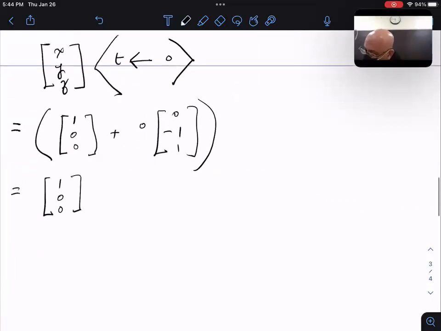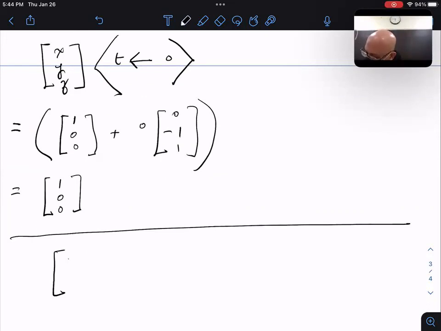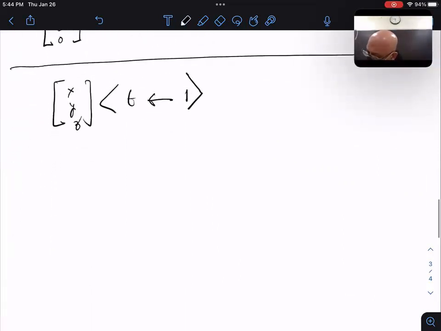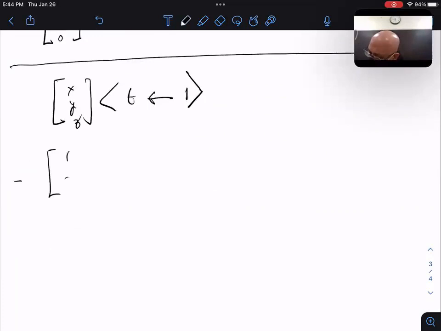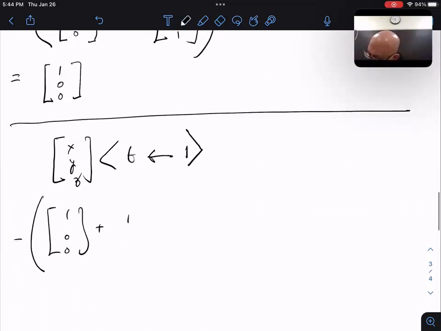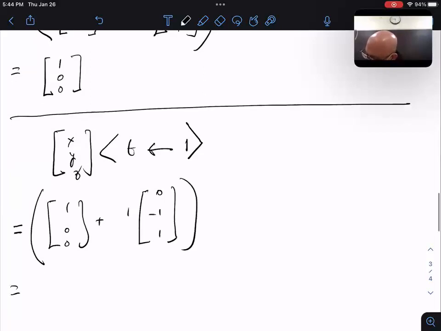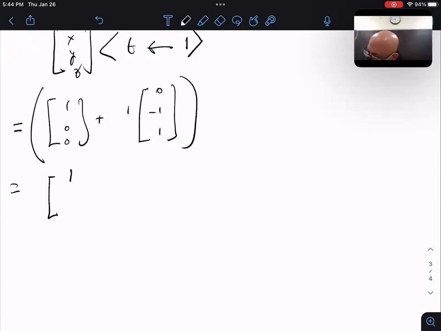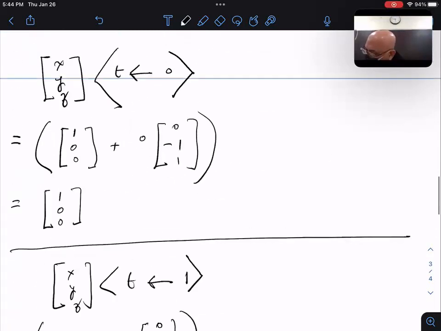What about t is equal to 1? Where does it go? (x, y, z) with t replaced with 1 is equal to (1, 0, 0) plus 1 times (0, -1, 1), which is (1, -1, 1).